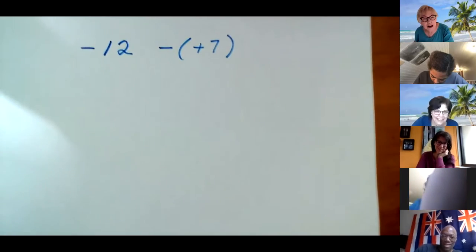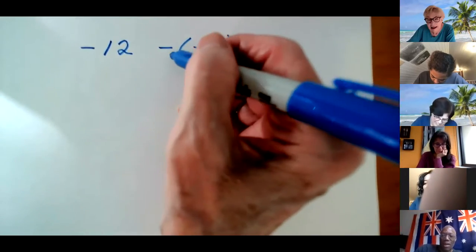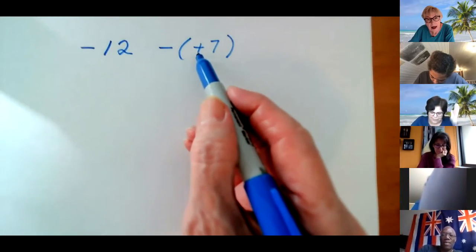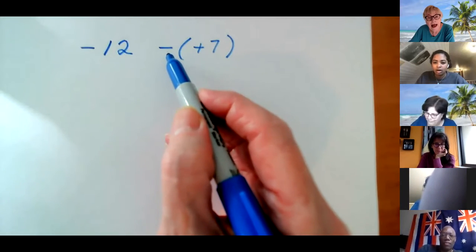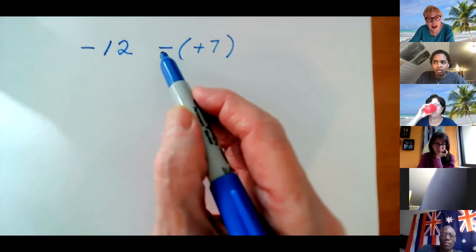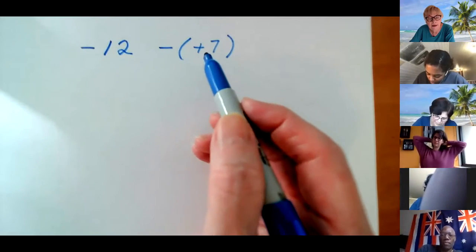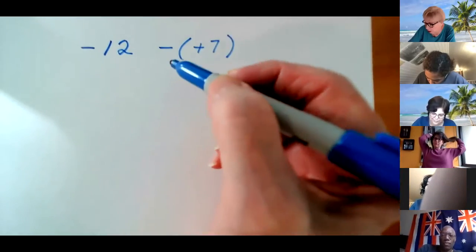Okay, I'm going to give you several approaches. These signs are backed up to each other. You can treat this as subtract, and then you can play my game of this goes to add and this goes to its opposite. That may not be the easiest to do, but that will work.